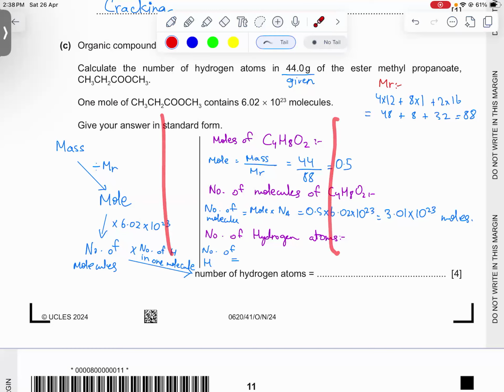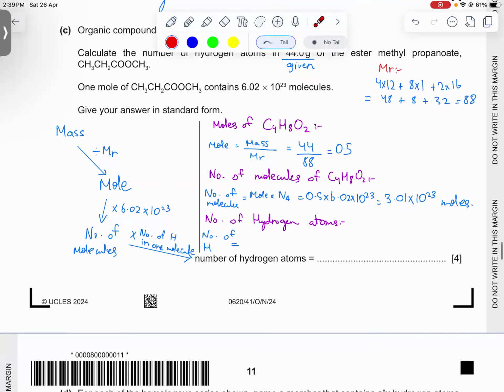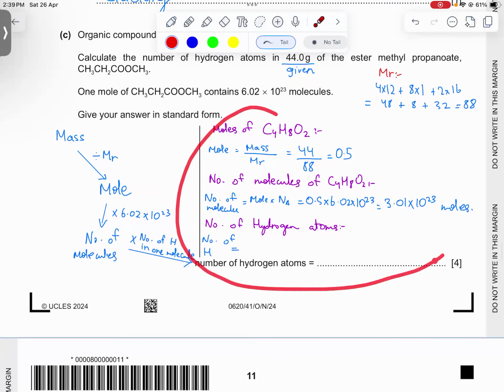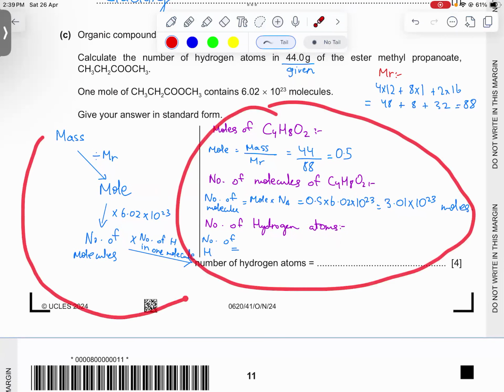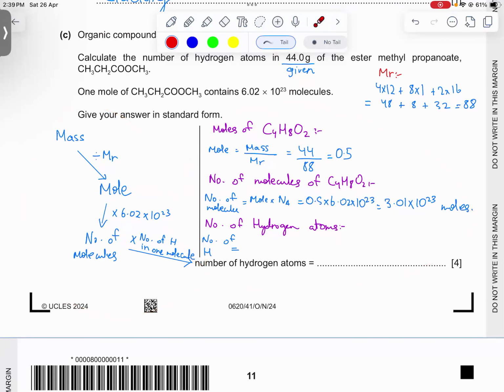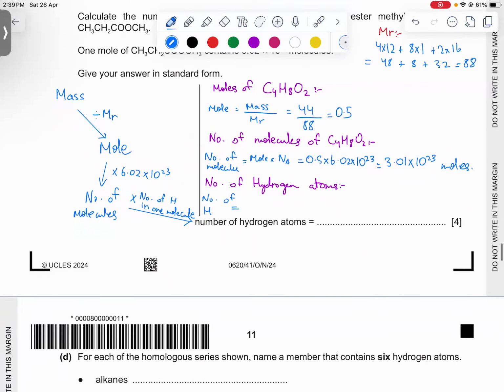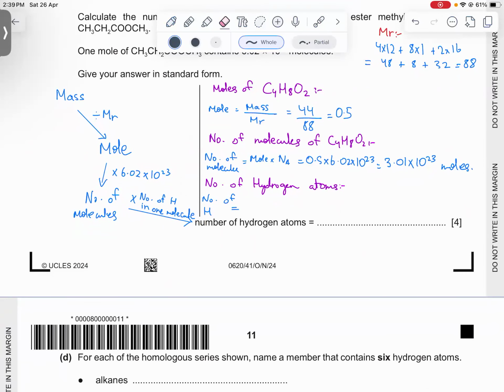And I always say, beta, you have to understand what is given to you, what is asked from you, and what two values you have to compare. Similarly, for questions like these as well, you have to make this mind map yourself. So how are you going to travel to number of hydrogens when you are given the mass? You go to moles, you go to number of molecules, then you go to number of hydrogen atoms. So these things you have to know yourself as well, better don't rely on anyone, right? And practice enough that you know them yourself.